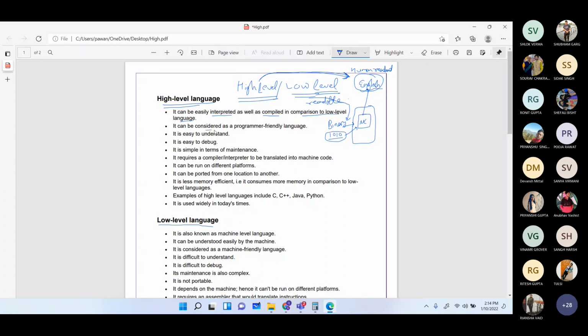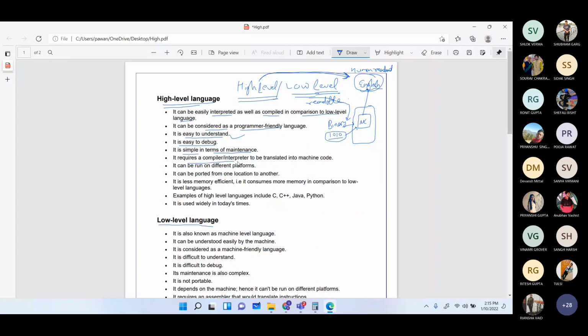It can be considered programmer friendly, because programmers are the ones who do the coding. It is easily understandable, easy to debug, and simple in terms of maintenance.